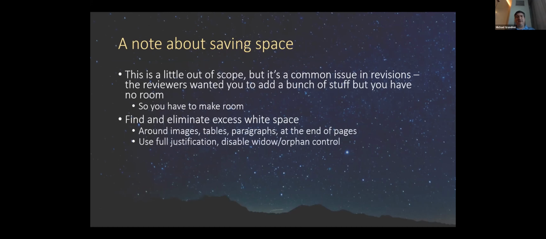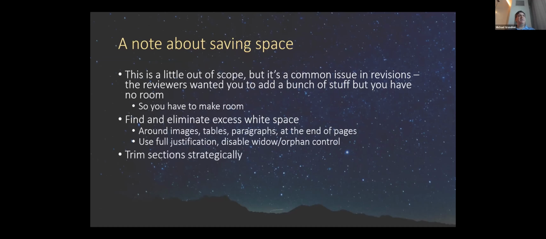Track down that white space and eliminate it. Use full justification. Disable widow and orphan control in Word. You can find that under page properties, which, if you have a paragraph that bleeds onto the next page, it might move the whole thing to the next page, leaving a bunch of white space at the bottom.